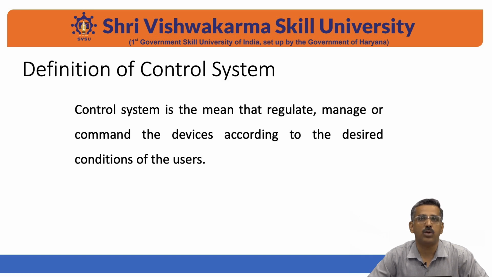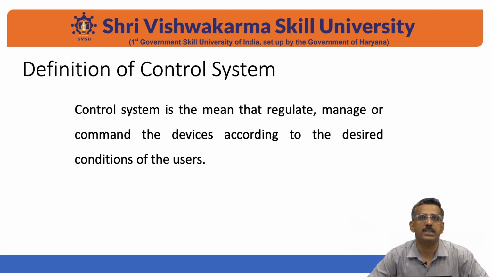The learning outcome of this topic is to expose the student to the representation of control system and their analysis, particularly for open loop control system and closed loop control system. Before discussing the transfer function, we must understand what is control system.